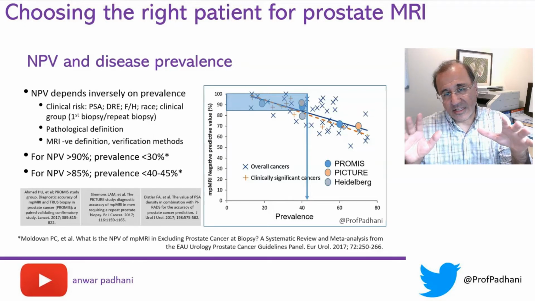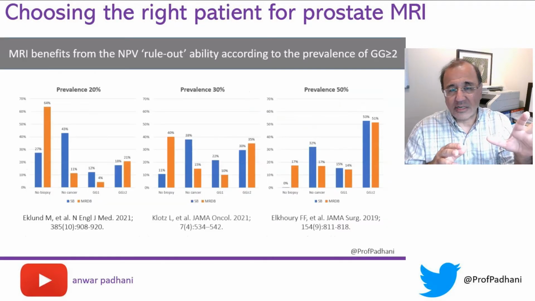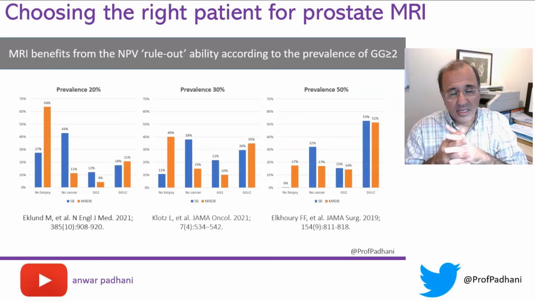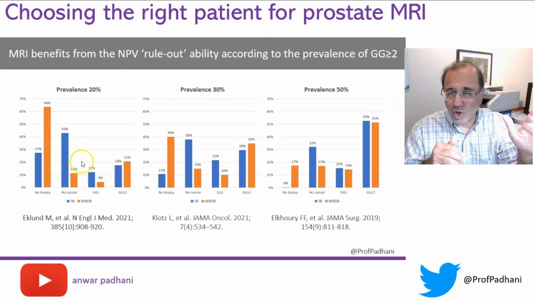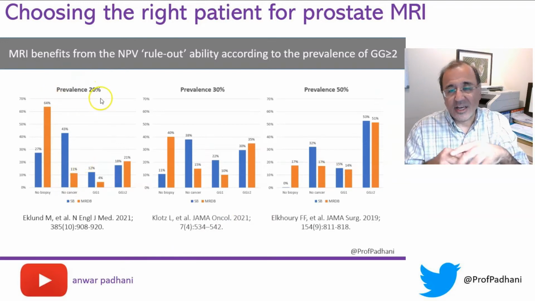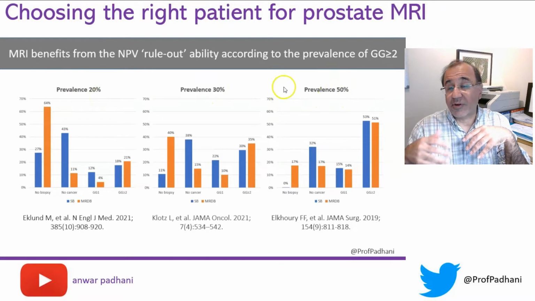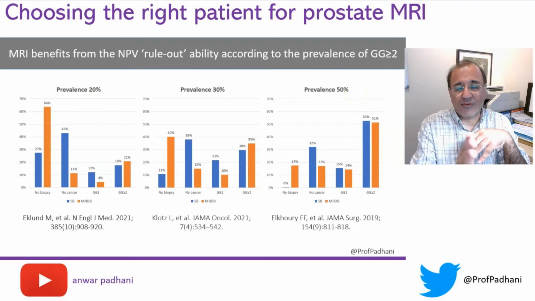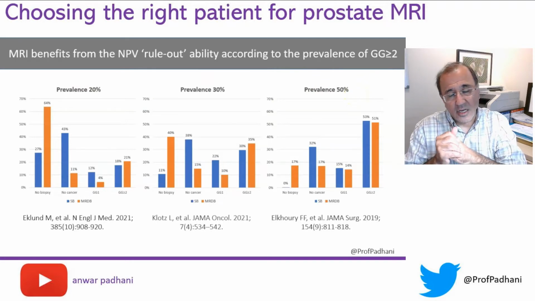So what I've done in this graph is shown you three separate studies. On the left-hand side is a screening study where the prevalence was low at 20%, and on the right-hand side is another patient population where the prevalence was very high, and in this particular instance it's 50%, and I've got that Canadian study in the middle where the prevalence was 30%.